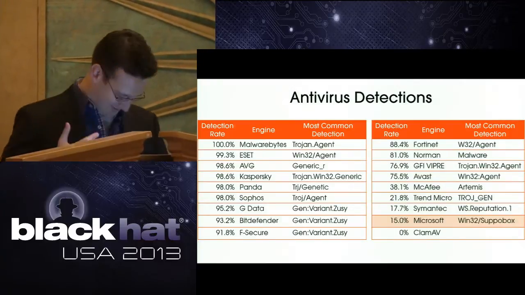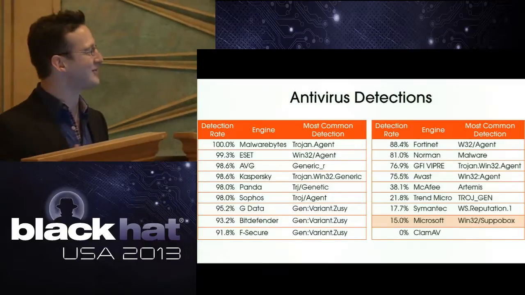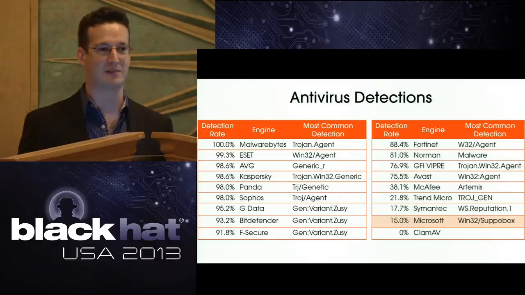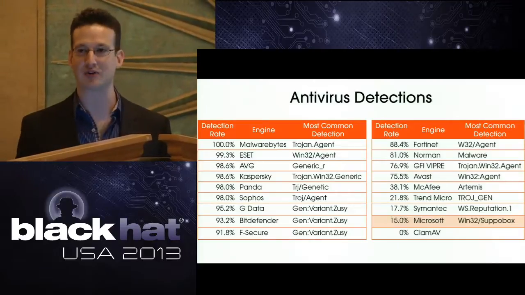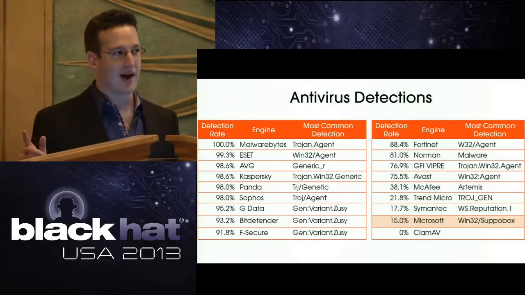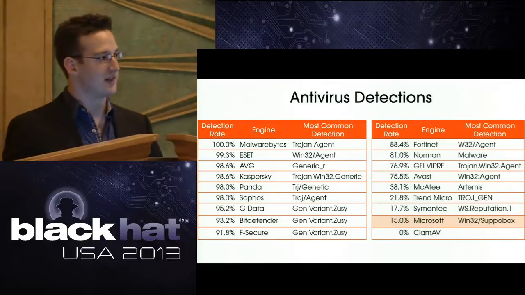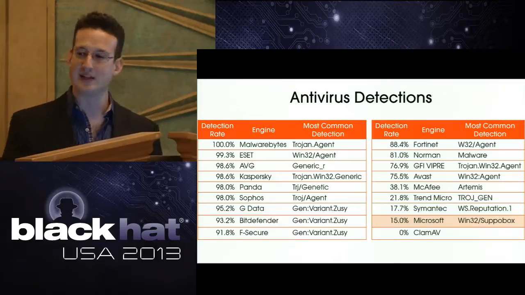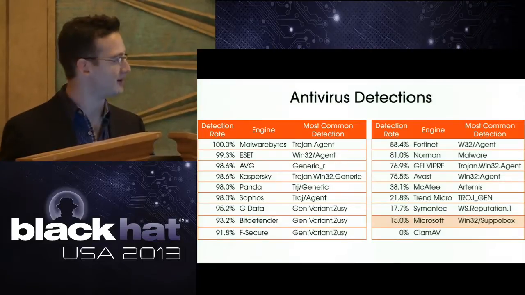It kills me to know that my former company, Microsoft, only detected 15% of the samples when they were submitted to VirusTotal. But I am happy to see that every single variant that Microsoft detected was detected by the unique family name Suppobox.